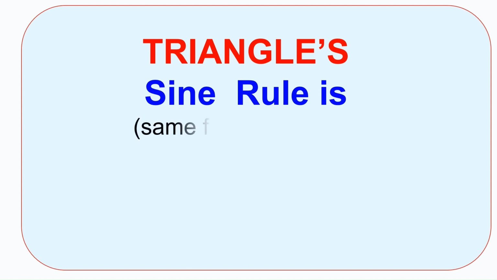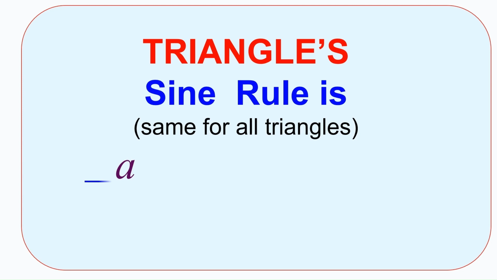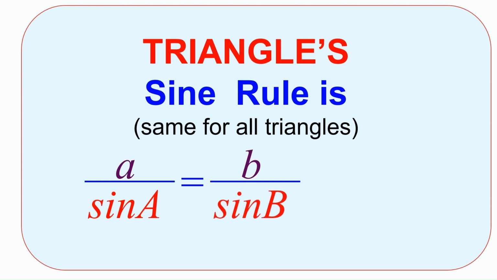The triangle sine rule, which is the same for all triangles, is a divided by sine of A equals b divided by sine of B equals c divided by sine of C.